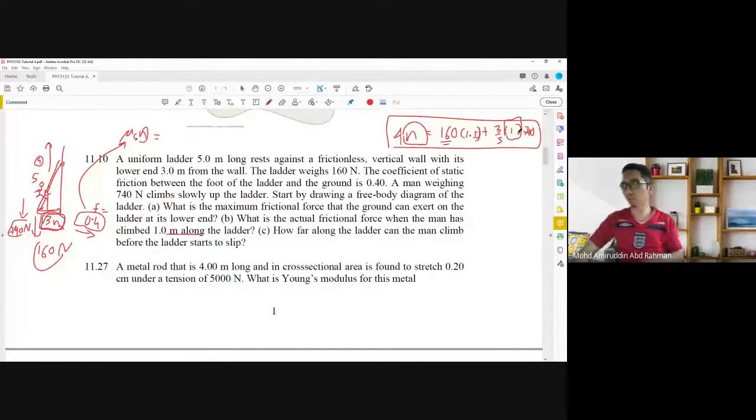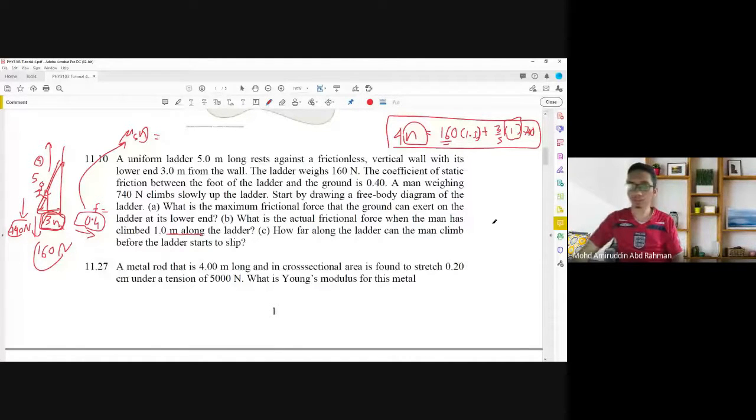So now we replace this one with x, so we need to find what is x.